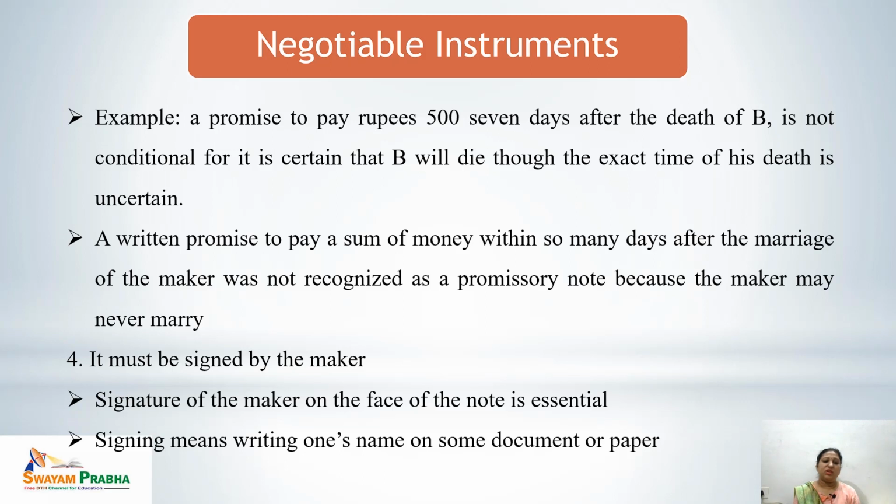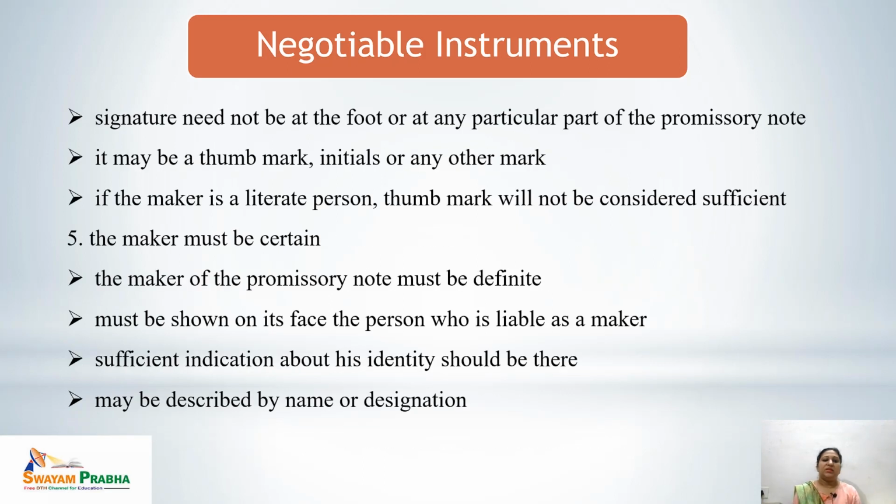The next essential is it must be signed by the maker. Signature of the maker on the face of the note is very essential, as we have read in the basic characteristics of a negotiable instrument that the maker should sign it. Signing means writing one's name on some document or paper.